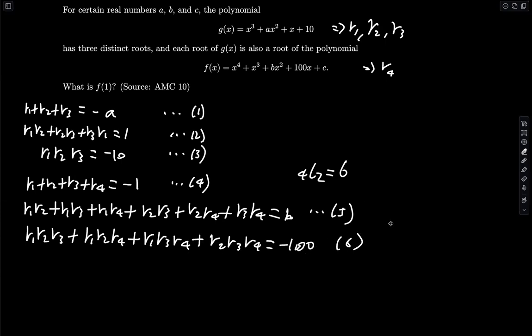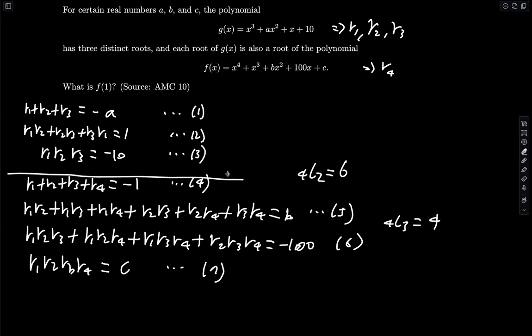And let's just double check if we count everything. 4C3 is equal to 4 because we're going to choose 3 out of 4 roots. So we should have 4 terms, and yes, we counted everything. And the last information that we can get is r sub 1, r sub 2, r sub 3 times r sub 4, which is equal to just c. And that's our seventh equation.